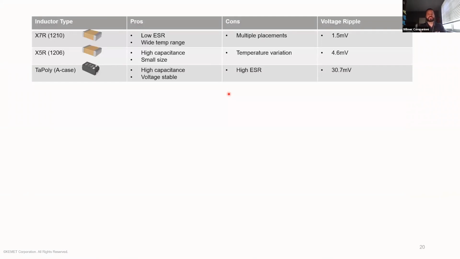These are just 3 types of capacitors that can fit our particular design that we outlined before. So we have an X7R 1210 option that has very low ESR. X7R operates at a very wide temperature range. And in order to hit that required capacitance, we needed multiple placements of this component.